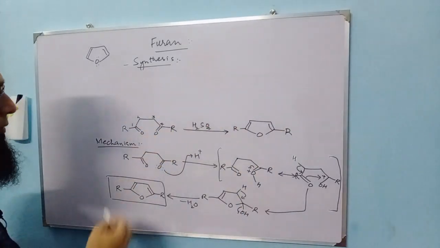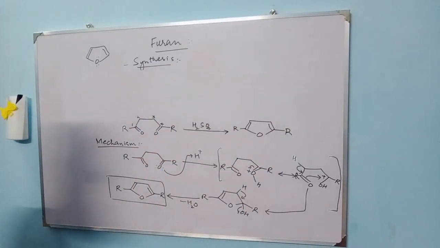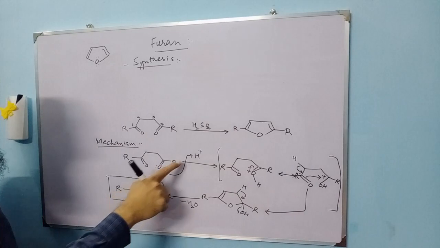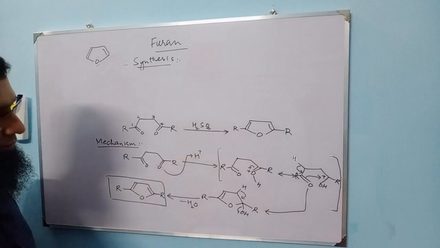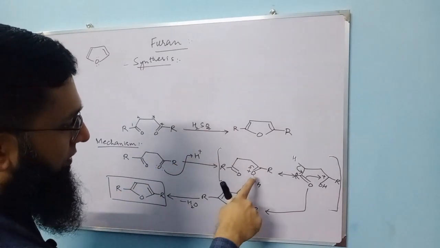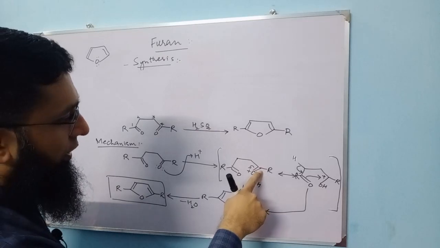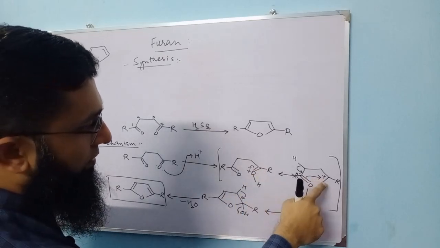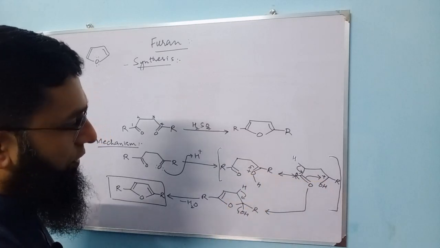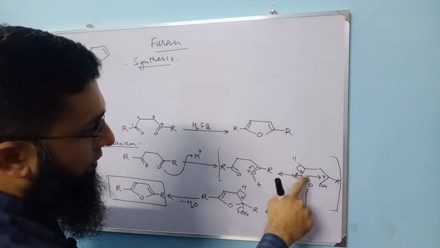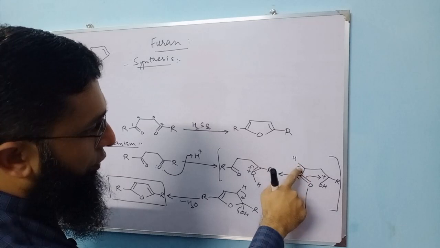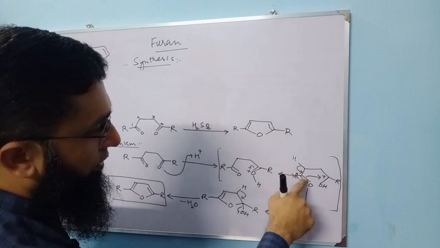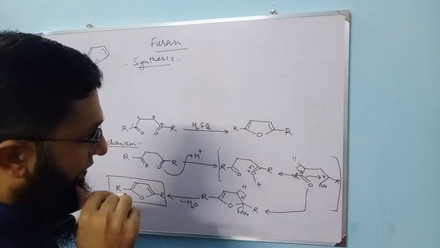So I explain the mechanism once again. In the first step, the carbonyl oxygen takes a proton and gets protonated. As a result, we get protonated carbonyl, which resonates like this. Both forms are okay, and this bond shifts here, proton is lost, and this double bond attacks at this position.